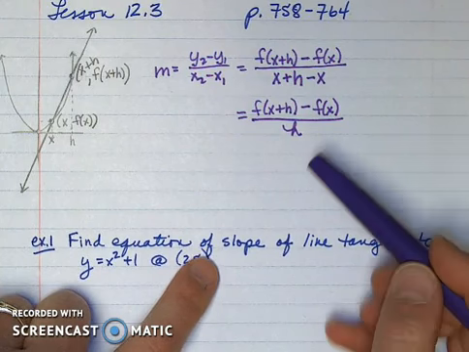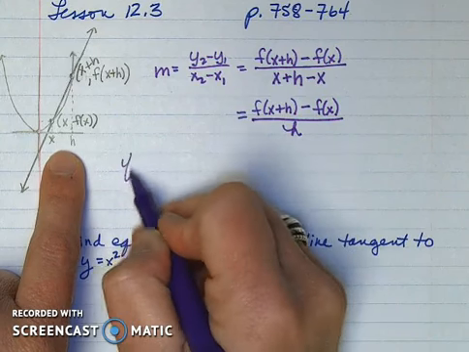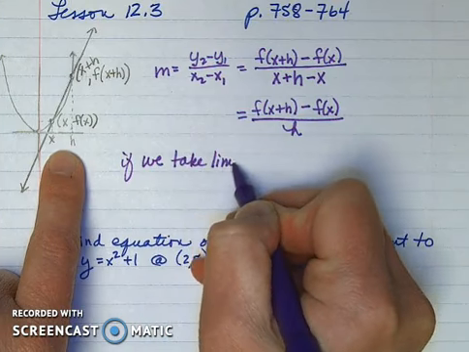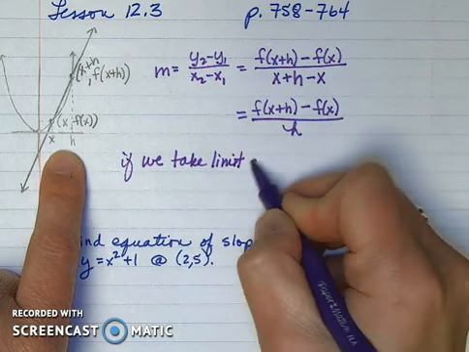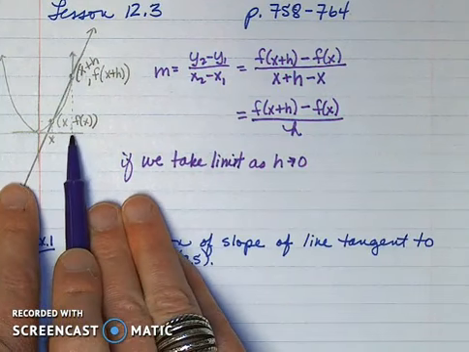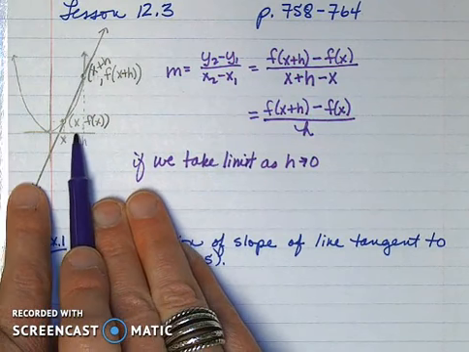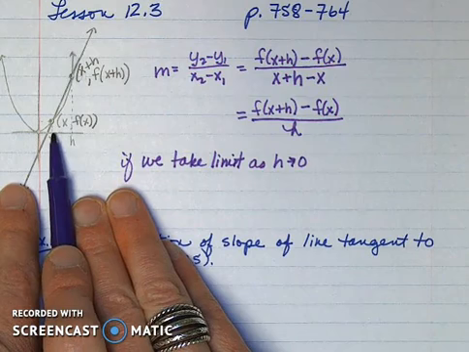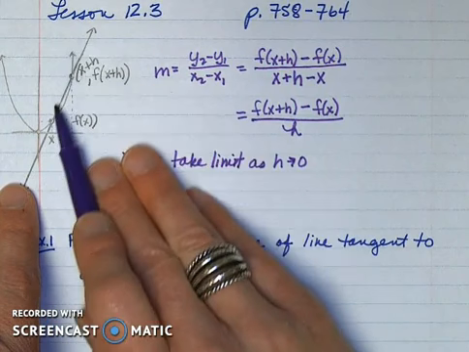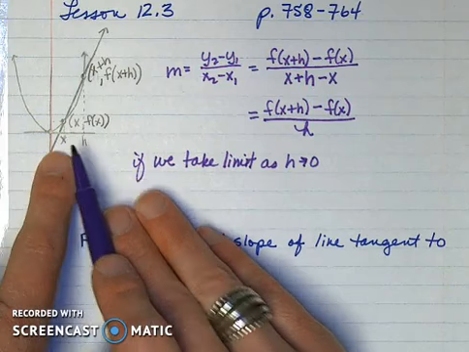Now just look at the picture for a minute. If we take, and let me write this down, if we take the limit as h goes to 0, so as this h gets smaller and smaller, it's going to become x, right? We'll get the rate of change or the slope of that curve at that instant, at that specific time.